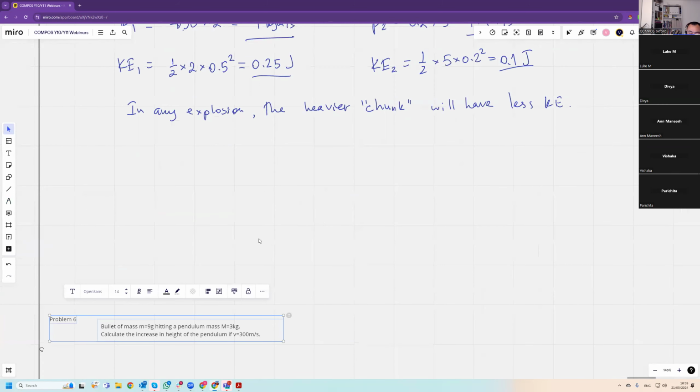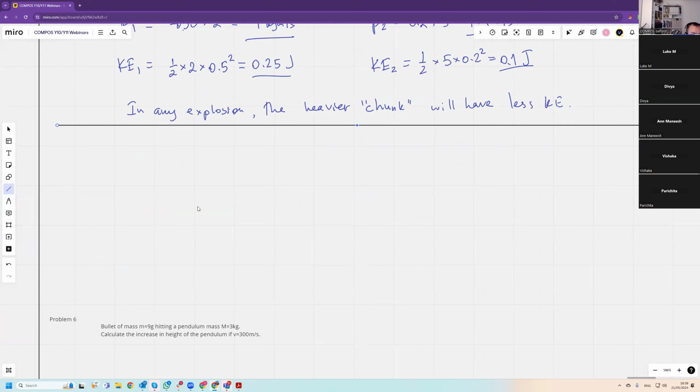Imagine you're shooting from a rifle. That's an explosion. That's a literal explosion. You're shooting from a rifle and you have a bullet. Now, when the bullet is shot forward, the rifle has a recoil. There's a recoil velocity.